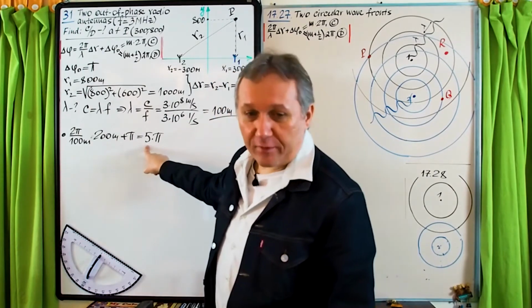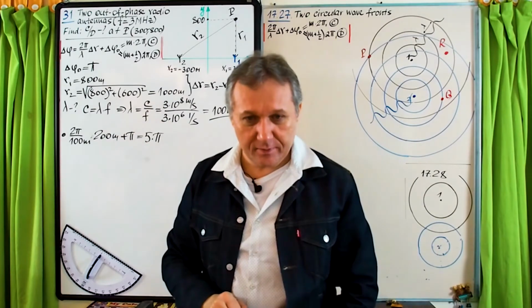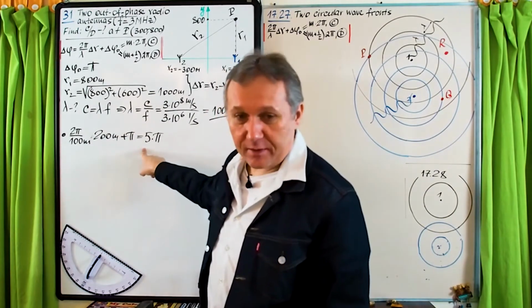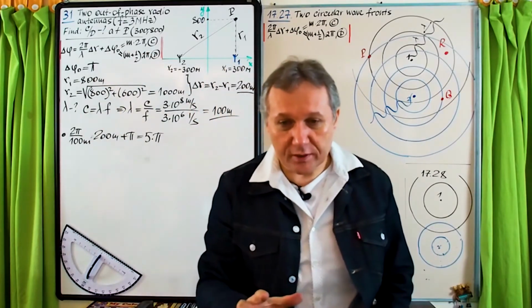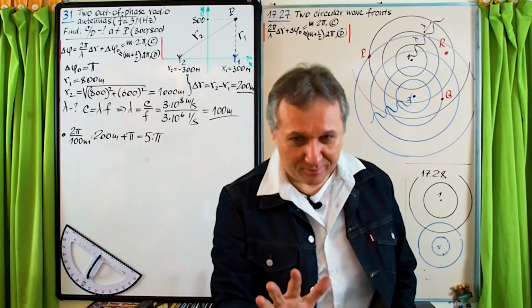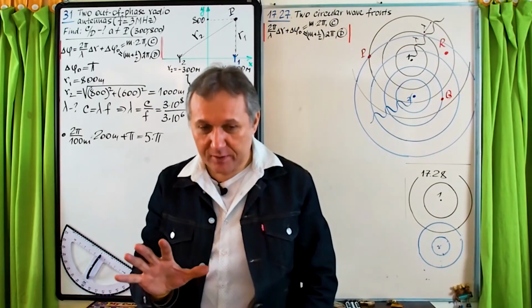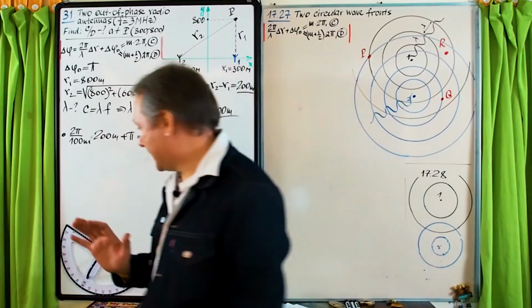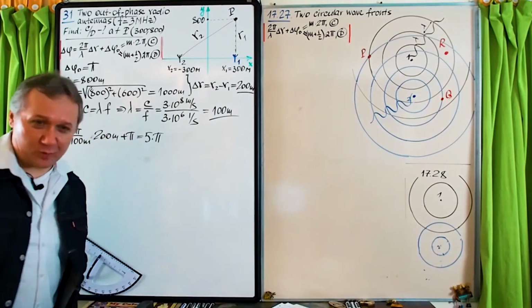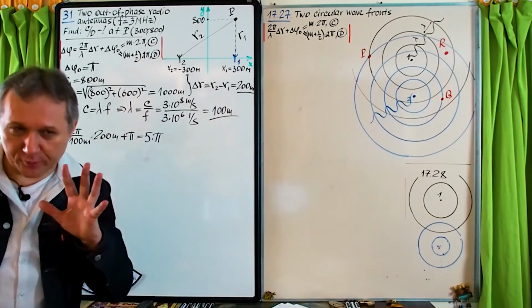We have 5 pi. It's impossible to have constructive interference, because 5 is an odd number, but 2 times m is all the time an even number. Make sense? Don't make those silly mistakes. At this point, don't rush. Look carefully to avoid mistakes. Okay, definitely not constructive interference. I hope you agree with me, right?